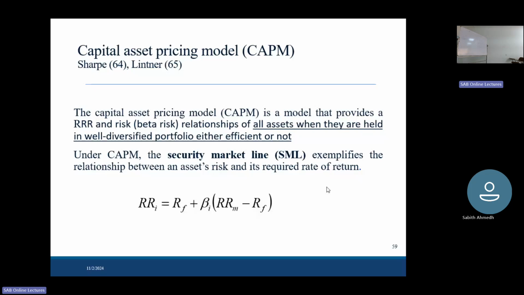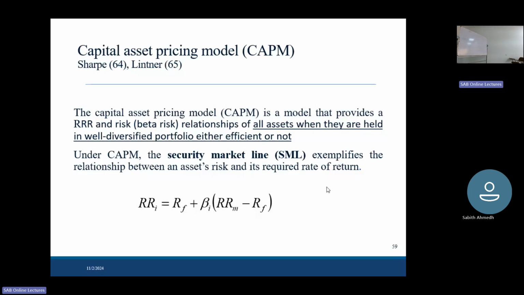This is a one factor model. It has now developed into four-factor and five-factor models, but the factor here is the beta coefficient. There have been many empirical developments to this model. Under CAPM we have the security market line, SML, which exemplifies the relationship between assets' risk and return.